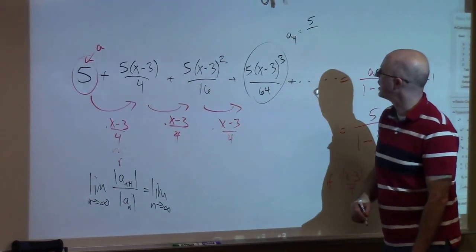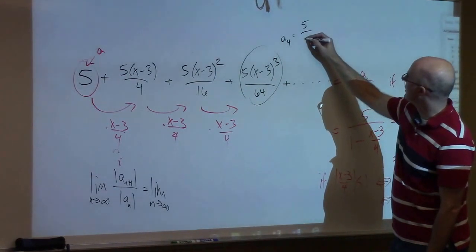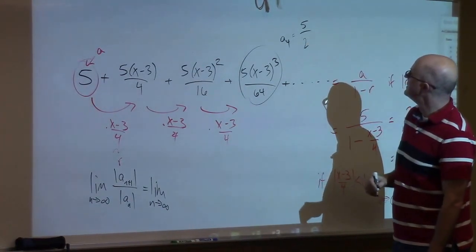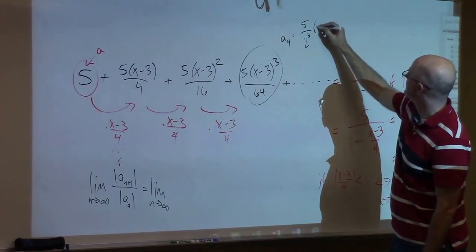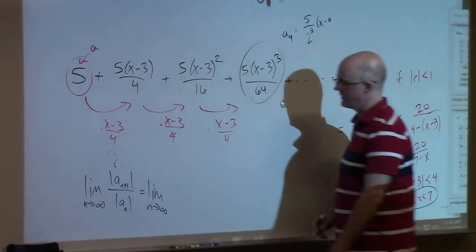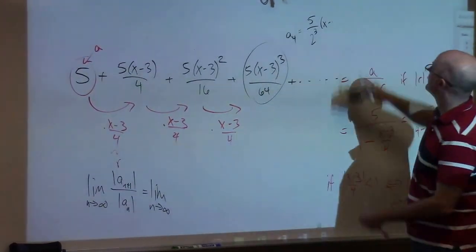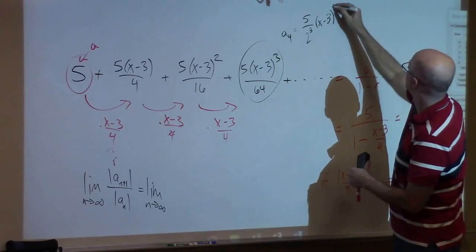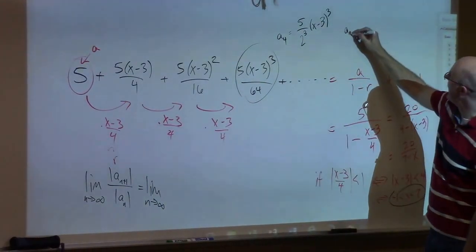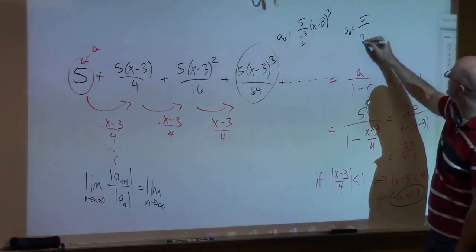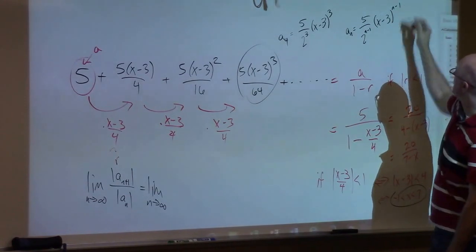You could write this term, a4, as 5 over 2 to the third times x minus 3 to the third. Evidently, the pattern is, based on that, a_n would be 5 over 2 to the n minus 1 times (x minus 3) to the n minus 1.